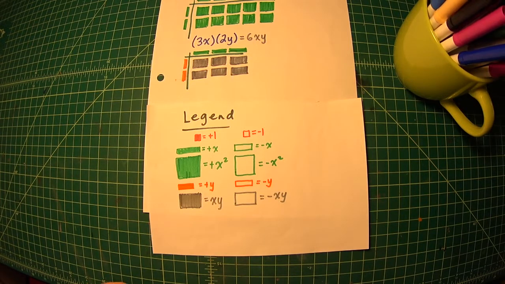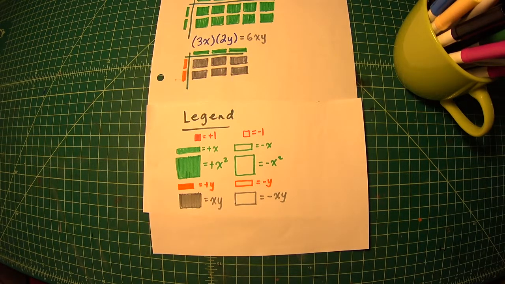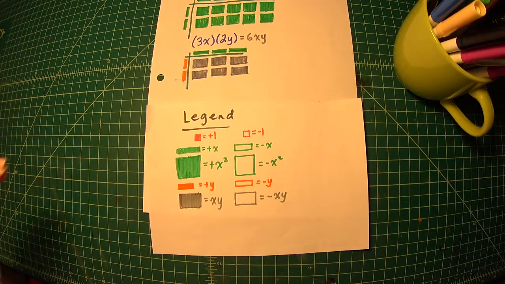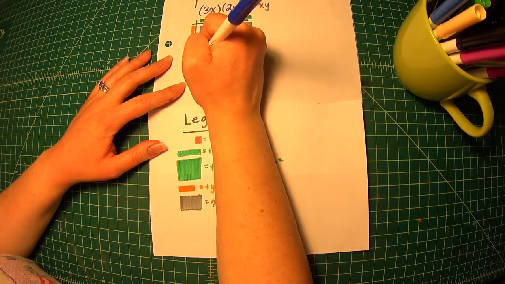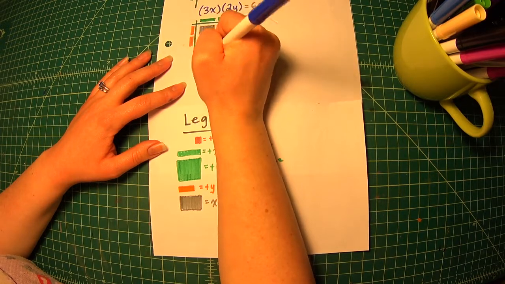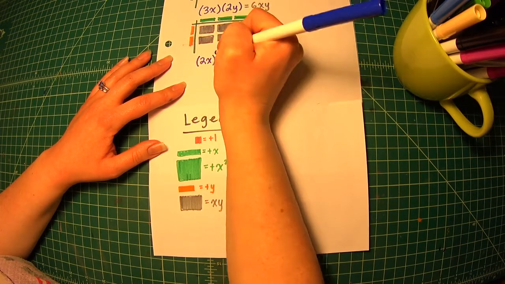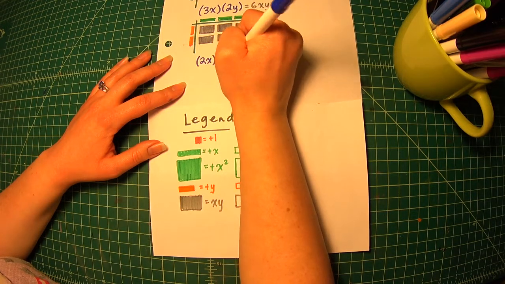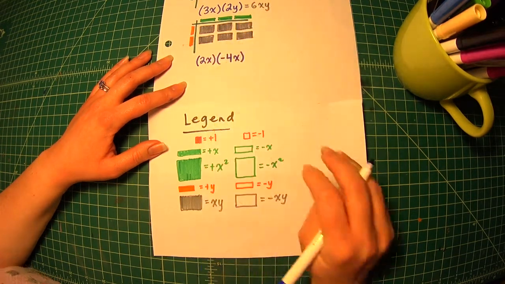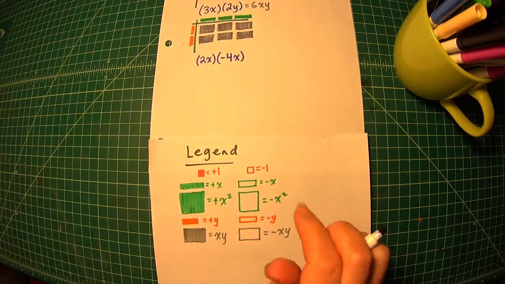I'm going to show you one more model, because I want to show you what happens if one of our monomials is positive and the other one is negative.